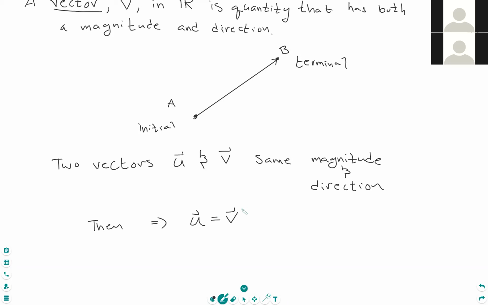Makes sense, right? They denote the same information. They have the same magnitude, they have the same direction. So these vectors are equivalent, and we'll say that this means that they are equal.